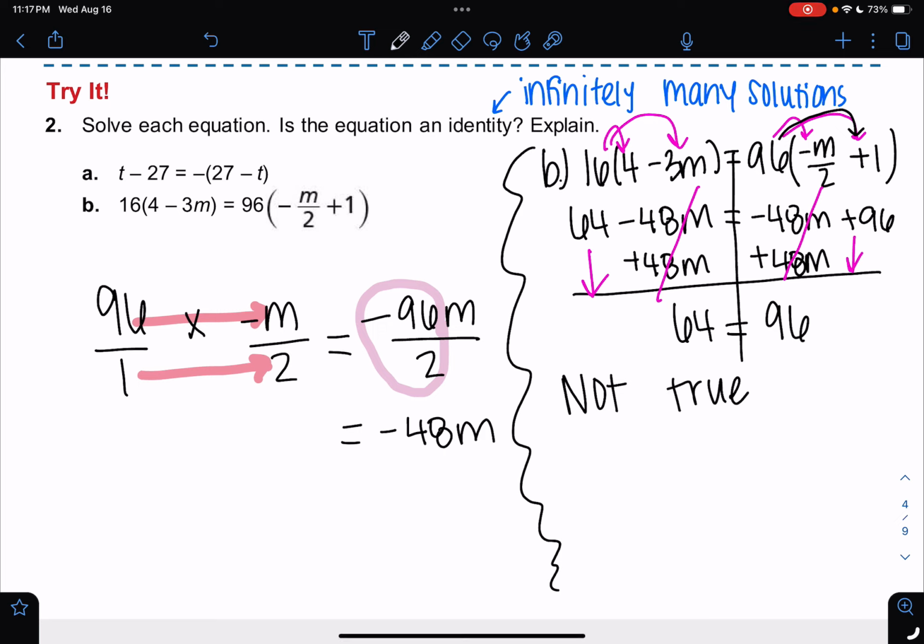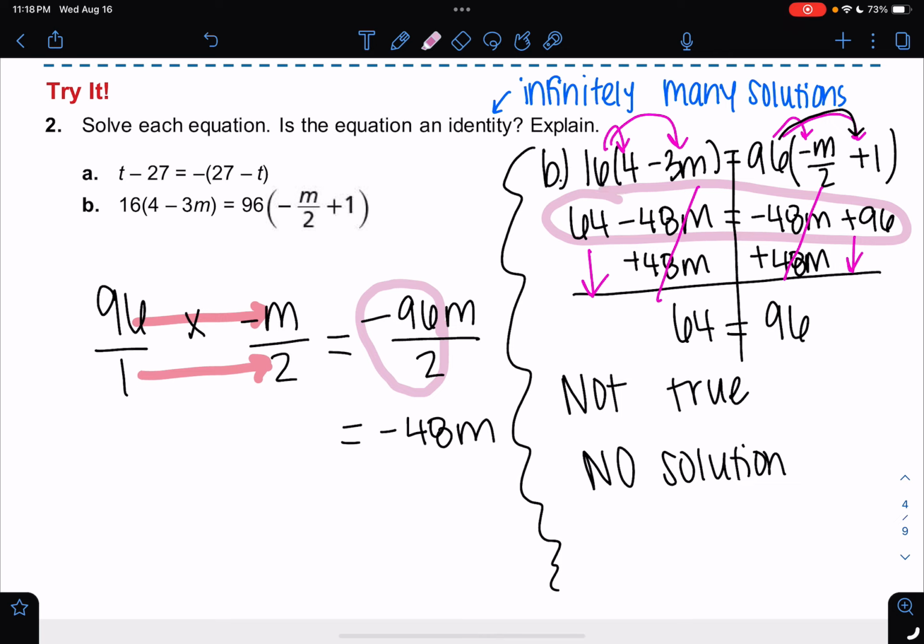Okay, when you have a statement that looks like that at the end of your solving, then what you're going to say is if you have a false statement like that, then that is no solution. Okay, and then you should be able to generalize that whenever you see something like this. This is a really good example of this. When you see something like this where they have the exact same variable term, we had a negative 48 here, but they had different constants. Okay, they don't match.